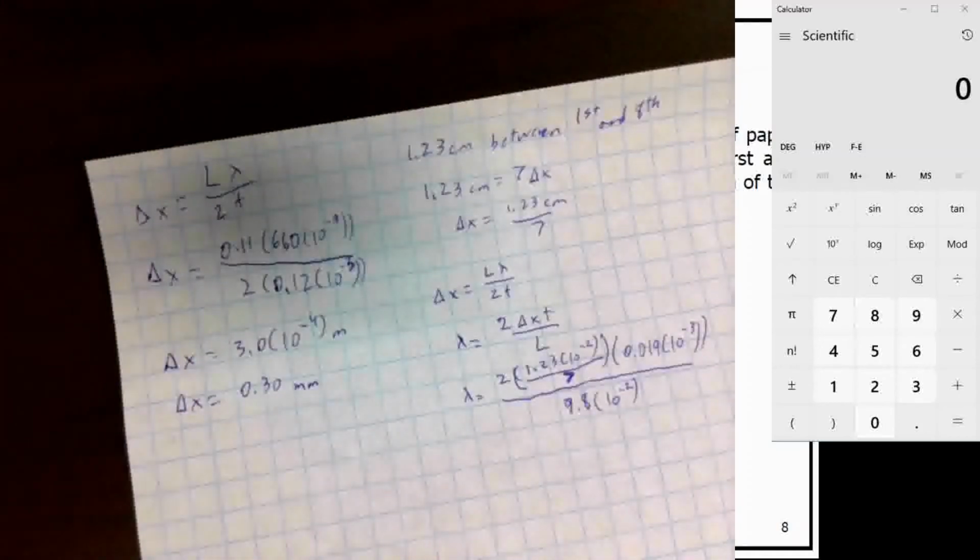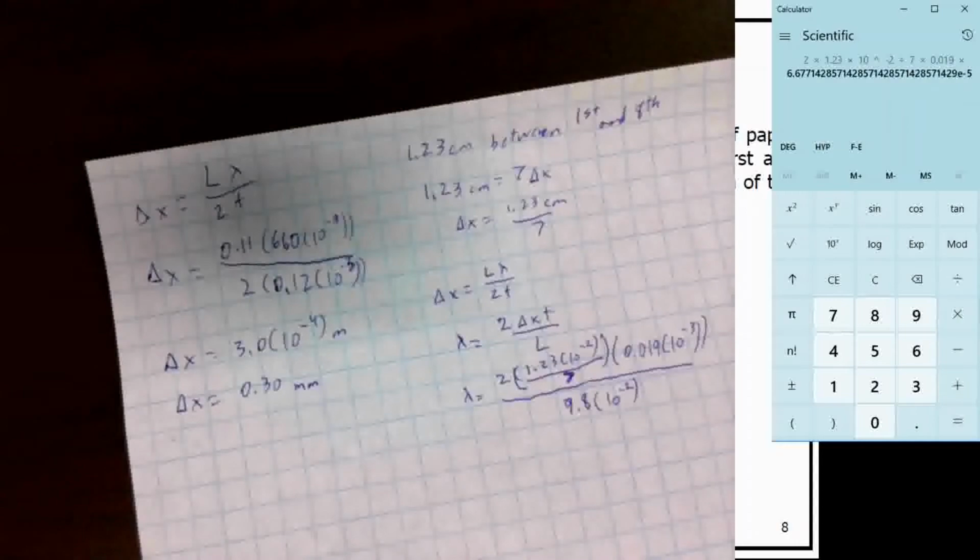So I'll substitute all of these values in and solve. 2 times 1.23 times 10 to the power of negative 2 divided by 7 times 0.019 times 10 to the power of negative 3 divided by 9.8 times 10 to the power of negative 2.